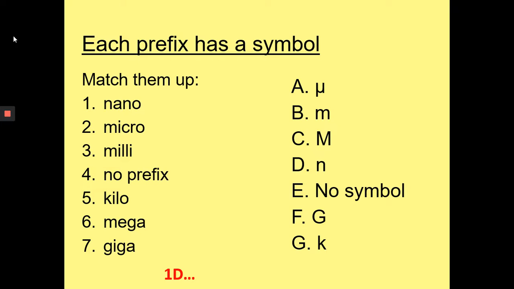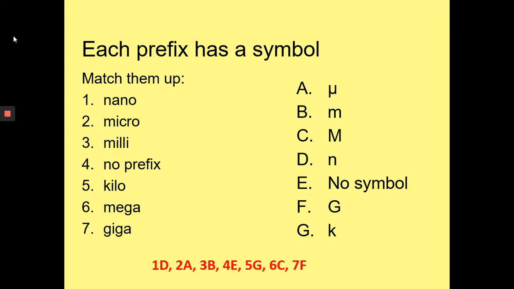I want you to pause the video now and see if you can match up the numbers to the letters for each prefix and symbol. And here's your answers. Have a look, see how many you got right. Give yourself a mark out of 6. There was a remaining 6 from the one that I gave you.